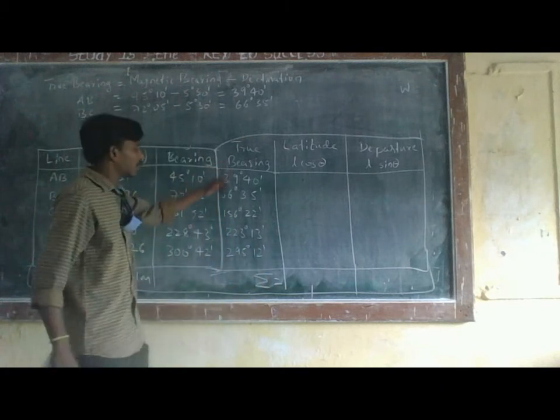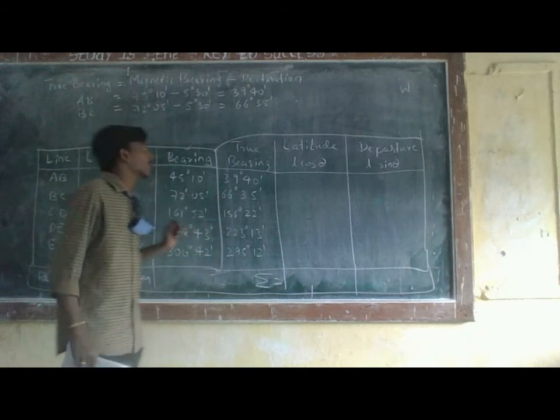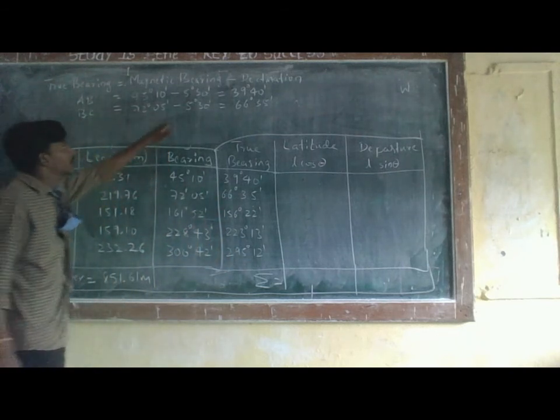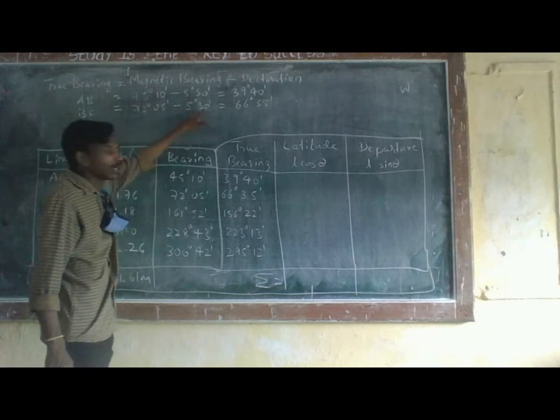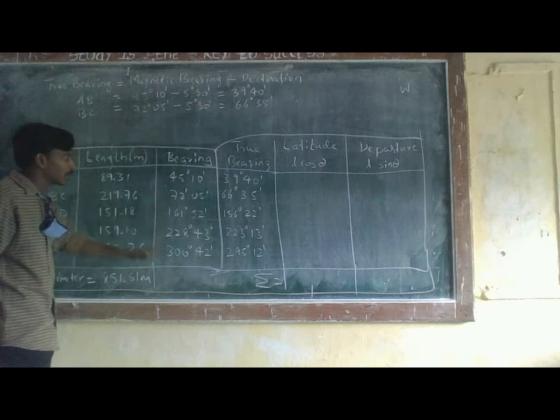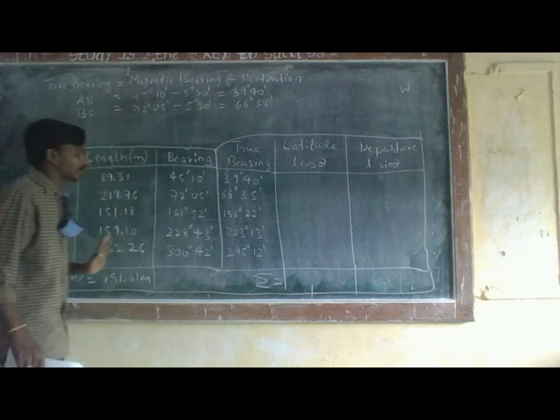These are the true bearings we get after calculation. Just deduct the declination 5 degrees 30 minutes west in all the given magnetic bearings, then you will get the respective true bearings.